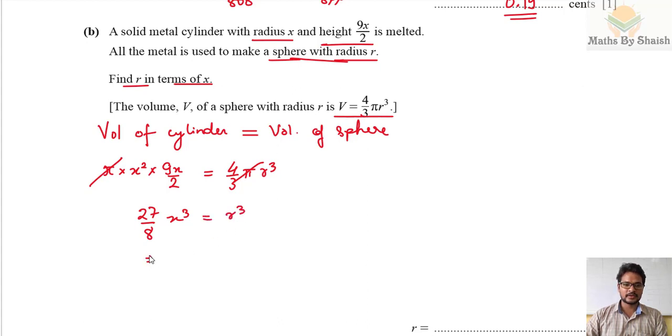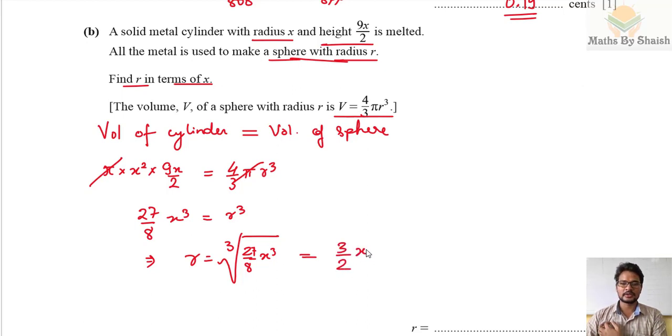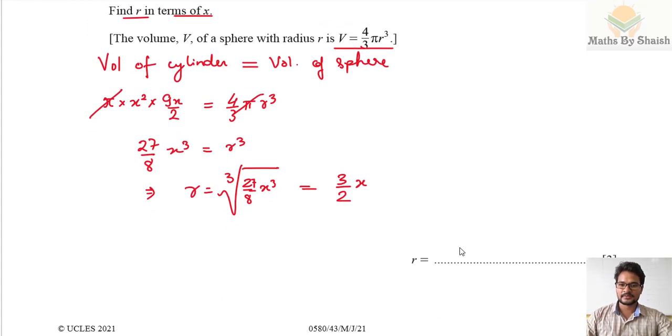So from here we get r by taking the cube root of the other side, that is 27 over 8 times x cubed. The cube root of 27 is 3, the cube root of 8 is 2, and the cube root of x cubed is x. So the final answer, r in terms of x, is 3 by 2 x.